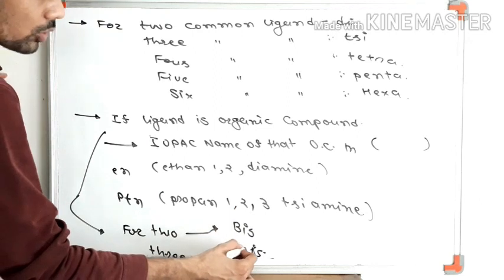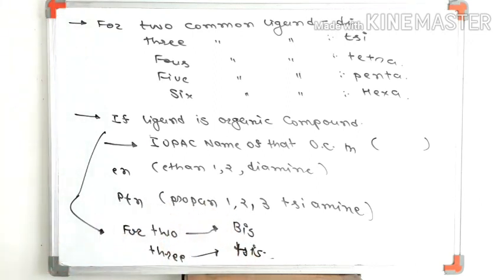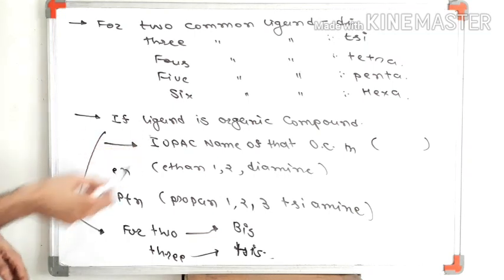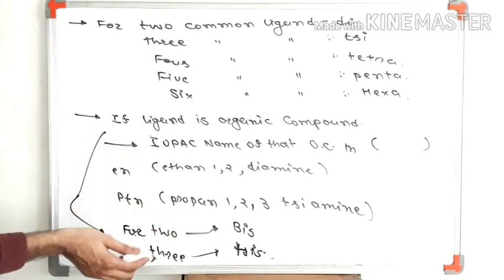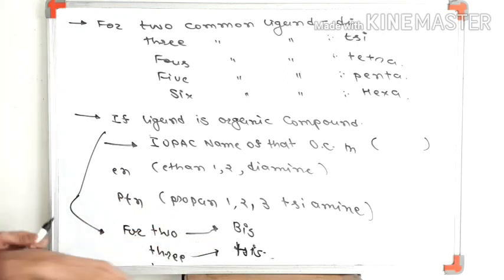For four common ligands it is called tetrakis, pentakis, hexakis, like that. Clear? Did you get my point? Okay. If it is normal ligand, 2 means di, 3 means tri, 4 means tetra, 5 means penta, 6 means hexa. Okay, but for organic ligand it is 2 bis, 3 tris, 4 tetrakis, like that.